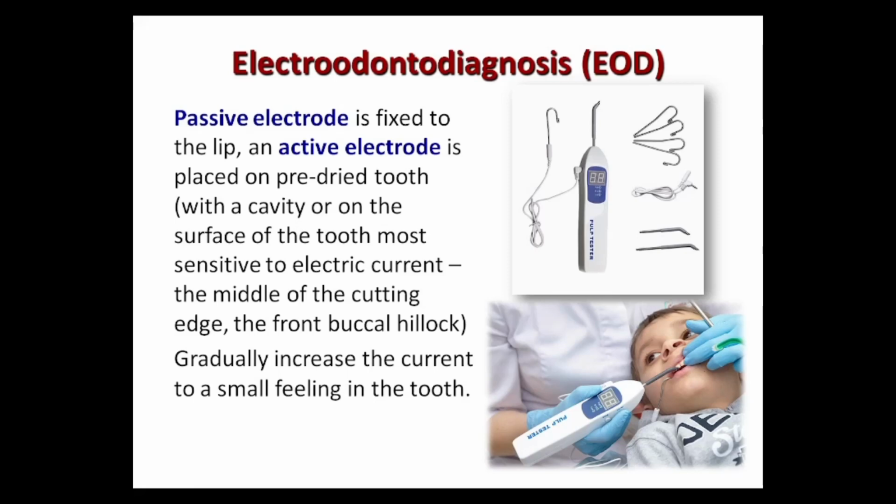Gradually increase the current using special button to a small feeling in the tooth, and patient should feel some sensation, not first feeling, and next it may be weak pain. So patient informs us about this feeling, and we look at the screen and we can see some number.